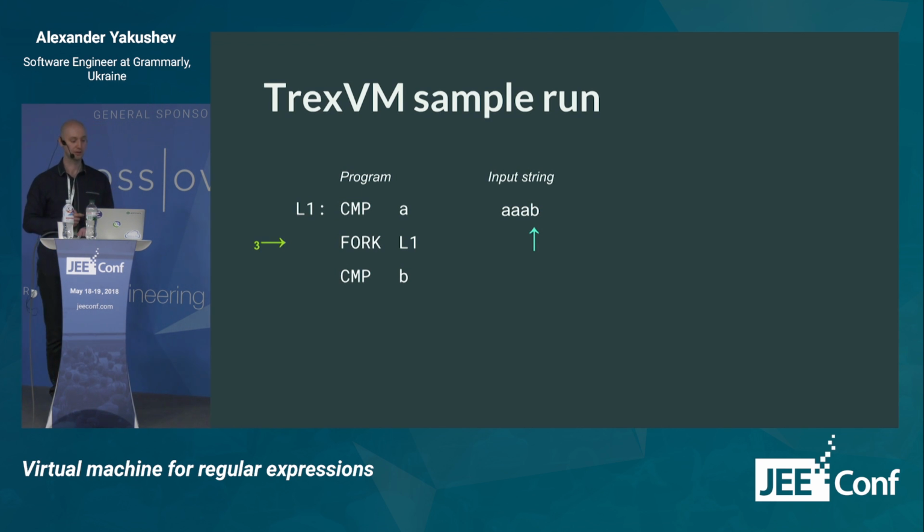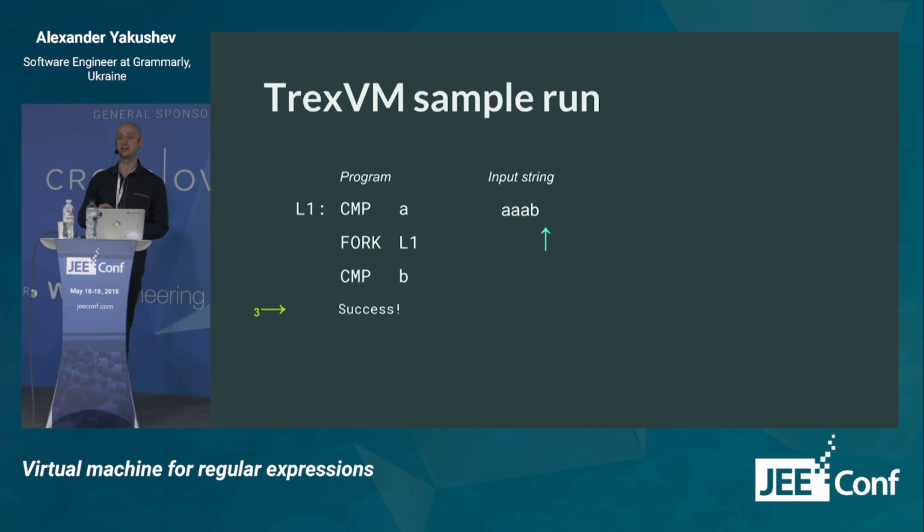We do that. Fork again. Oops, sorry. Almost the same, but now B is the current character. So thread number 4 dies, and thread number 3 goes next. It reached the end of the regular expression, which means success.